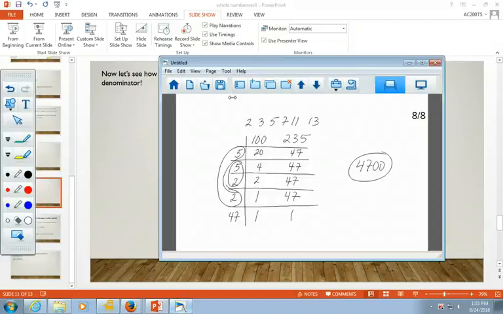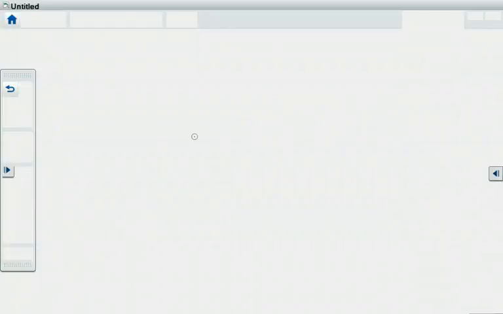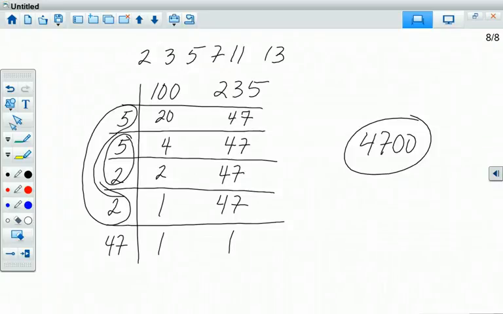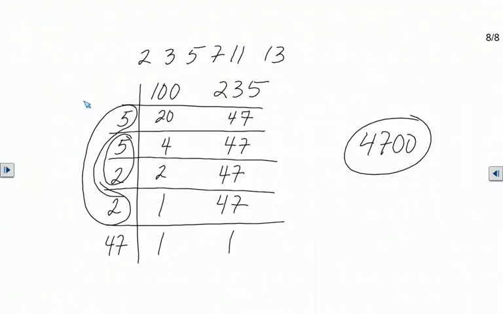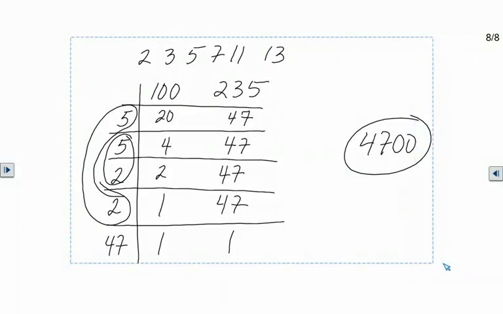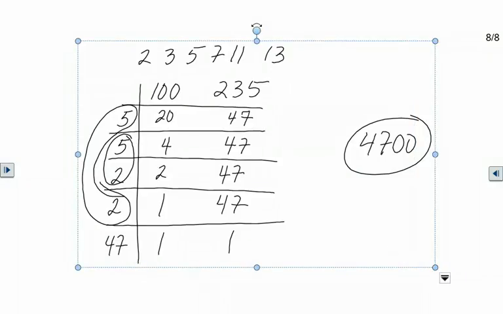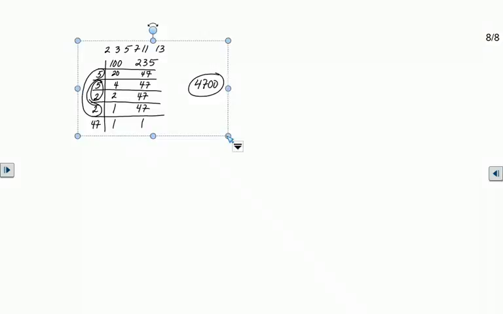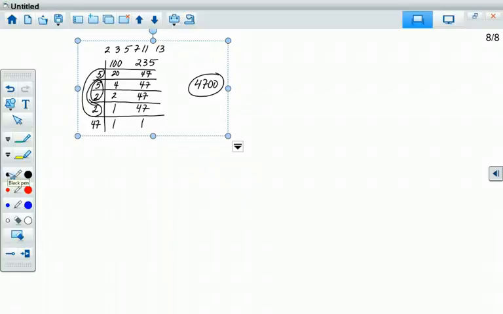So let's take this one we just did, and I'll take my handy dandy shrinker and shrink it down, and I'm going to put it over here. This computer is running like it's got marbles in its processor or something. I don't know what's wrong with it. All right, I'm just not going to worry about it right now.